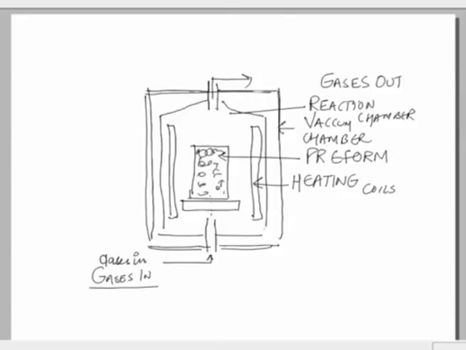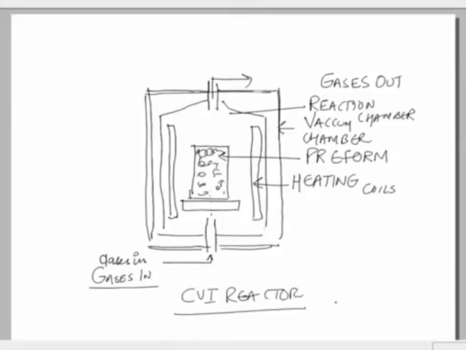So this is the basic construction of a reactor. We have a heating arrangement also, so that the reaction takes place and the solid reaction products are deposited on the fibrous preform, which is porous in nature. So this is basically what we call a CVI reactor.